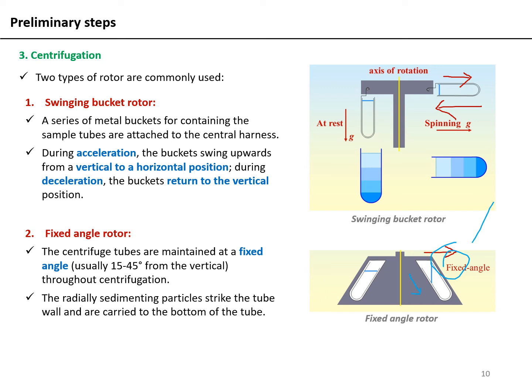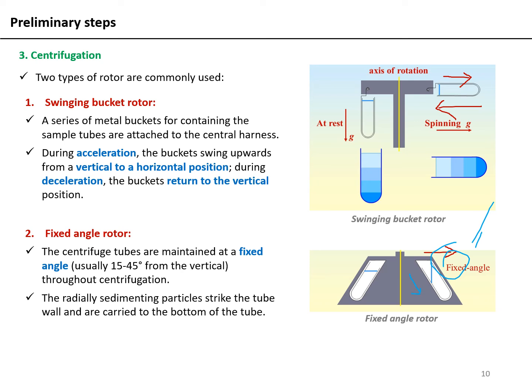So your particles are now radially diffusing out. When these particles are subjected to the centrifugal force in a fixed angle rotor, they will move out, hit the wall of the tube, and then once they hit the wall, they will settle down along the length of the wall to the bottom.